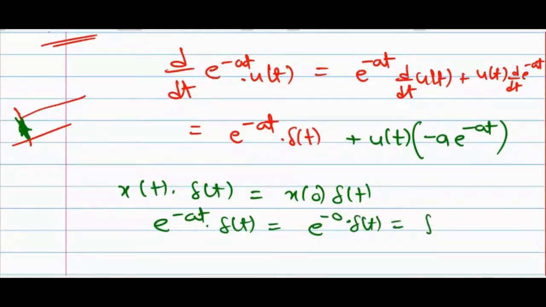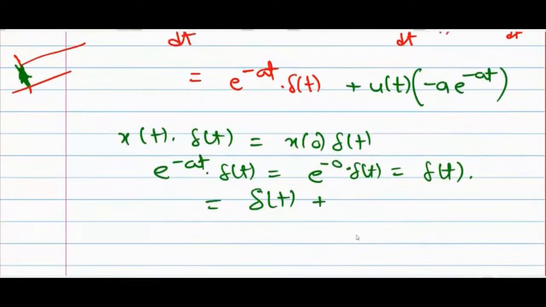So that is nothing but delta t. This is the property of the impulse. So e raised to minus at delta t is delta t, plus, sorry, minus sign here, minus a e raised to minus at into u of t.